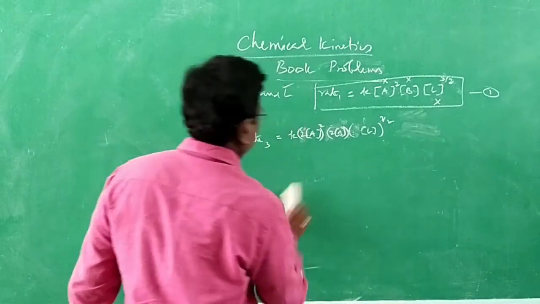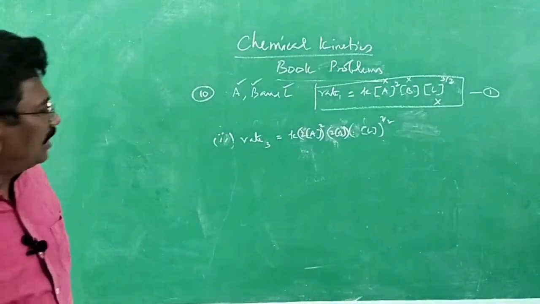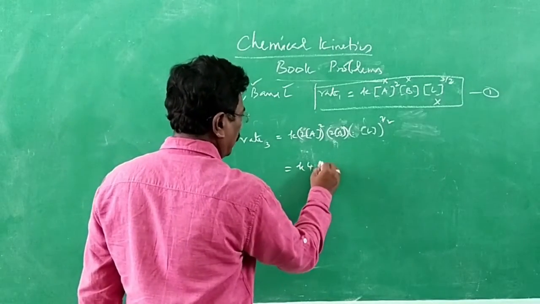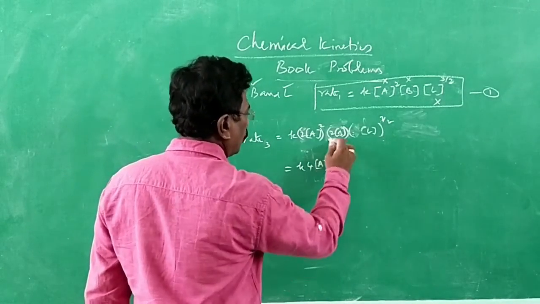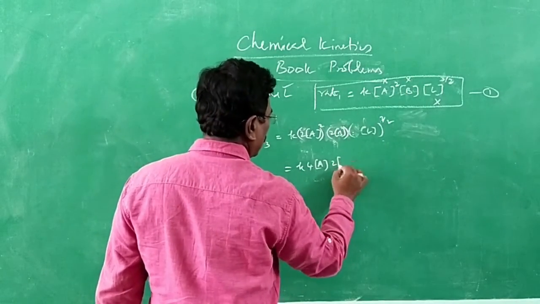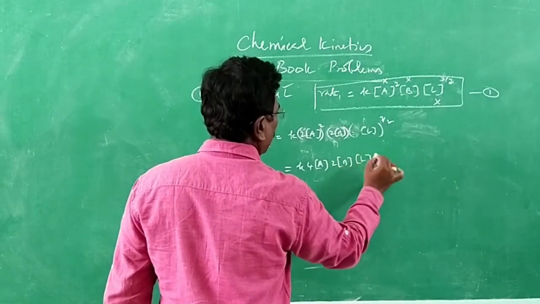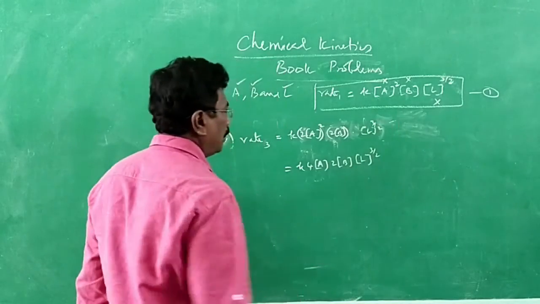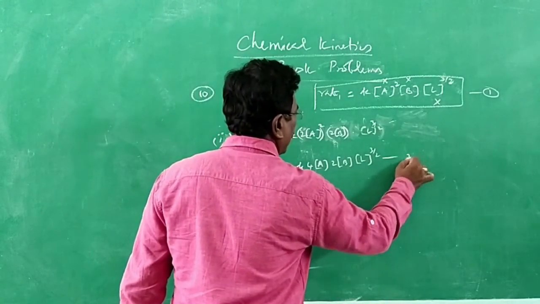Concentration is doubled for A and B. K into 2 power 2, 4, into A square. For B, as such, there is no square, we have simply the power 1, 2 into concentration of B, and L to the power 3 by 2. Let it be equation 3.